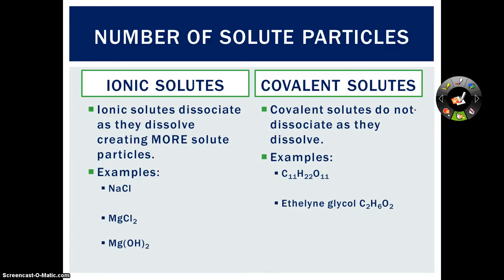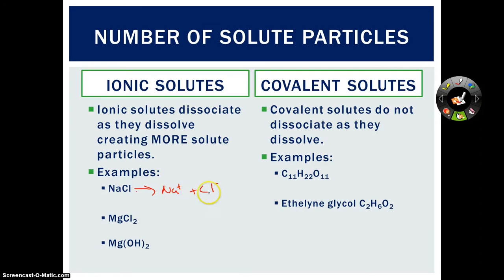Okay, so finding this number of solute particles. In an ionic solution, ions dissociate as they dissolve, creating more solute particles. So what this means is when salt dissolves in water, it breaks up into its parts: sodium and chlorine.